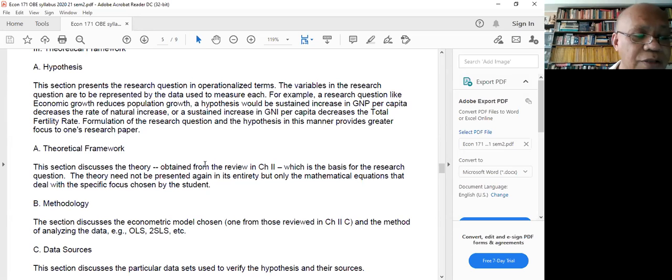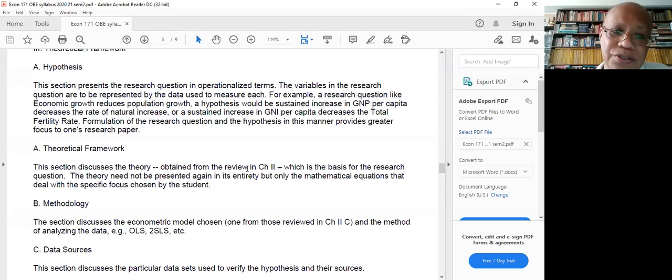I'm sorry, the theoretical framework should be before the hypothesis. So here, this is where you present the part of the theory that you decided to focus on. And you have the conclusion there. And like any theory, there would be equations here.